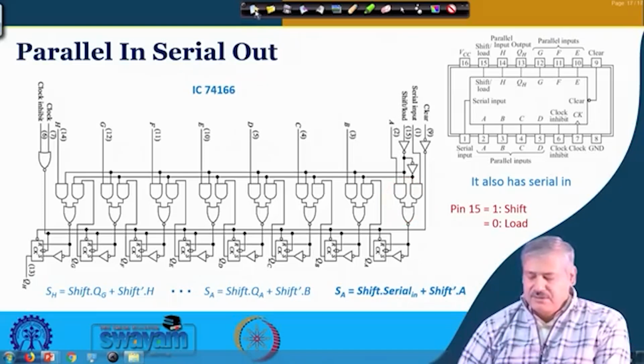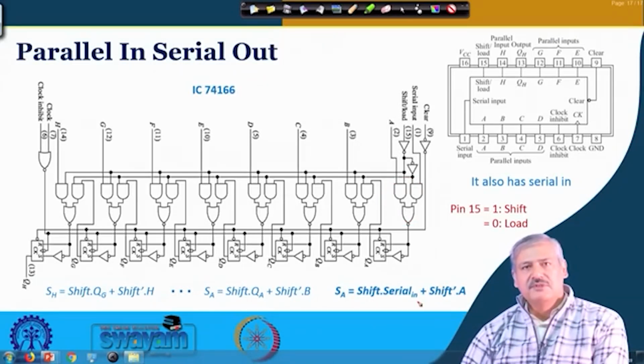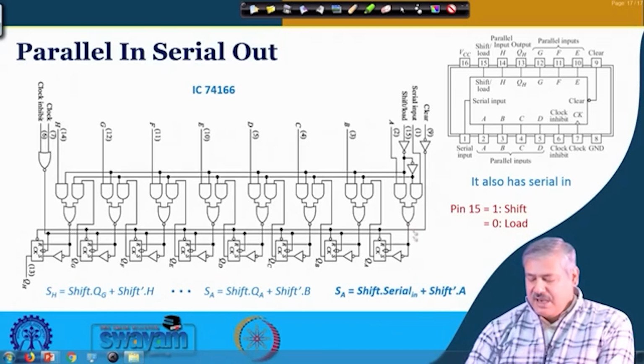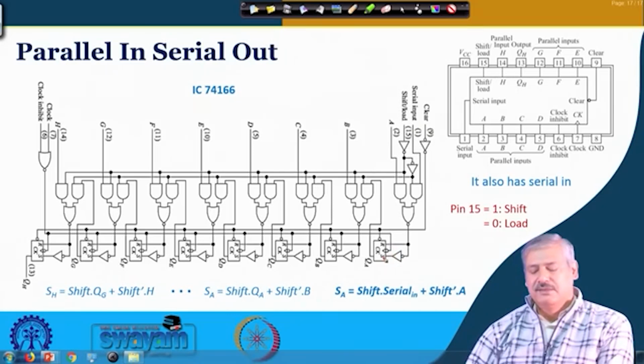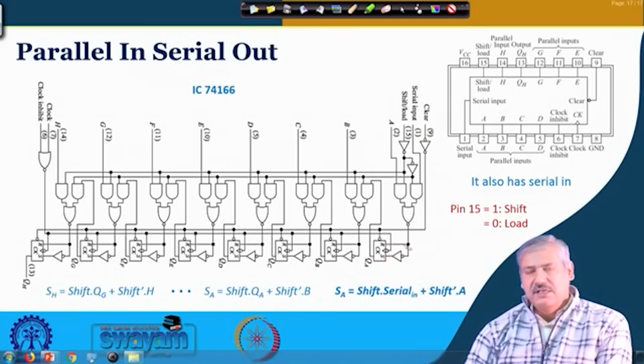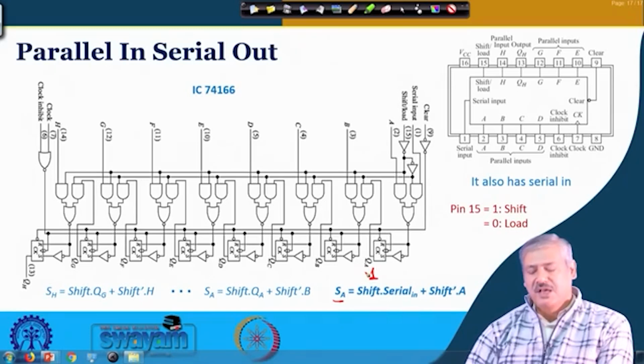So, what does it mean? When a clock trigger comes, at the input of the S flip flop over here, SR flip flop over here, okay, and R is just taking the invert of S, okay. If shift is equal to 1, serial in will be going as the input of SA, okay.